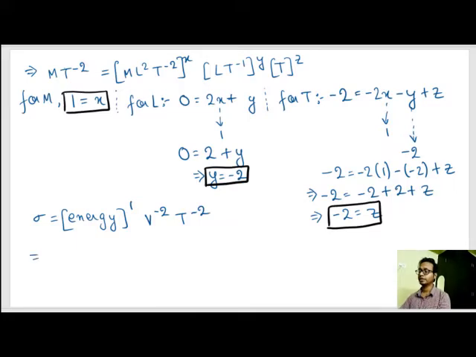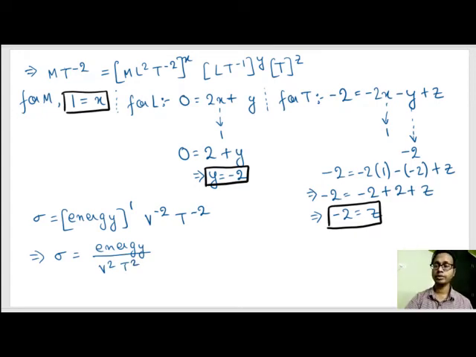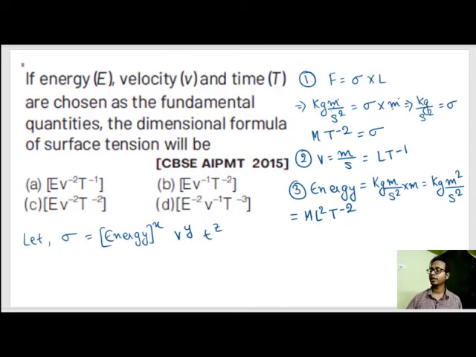Therefore our answer should coincide with energy by velocity square time square. So let's look at the option energy by velocity square time square. So option number C is correct. Okay, so let's look at the next question.